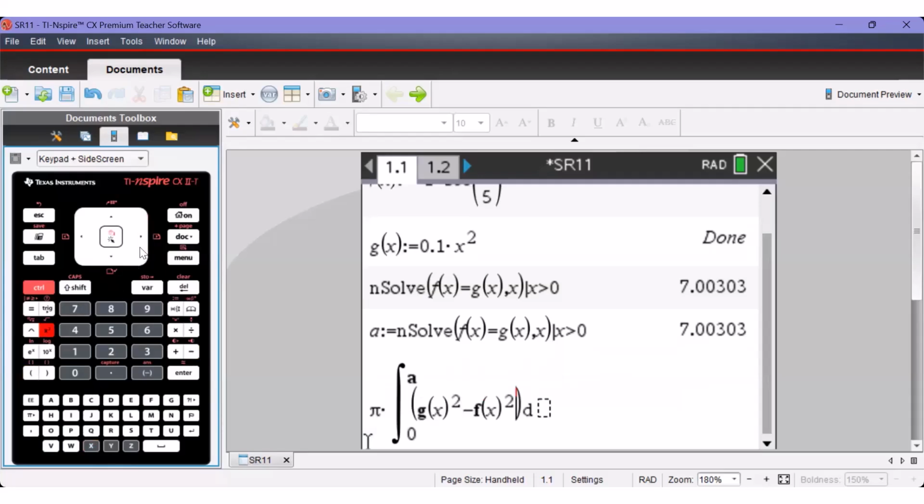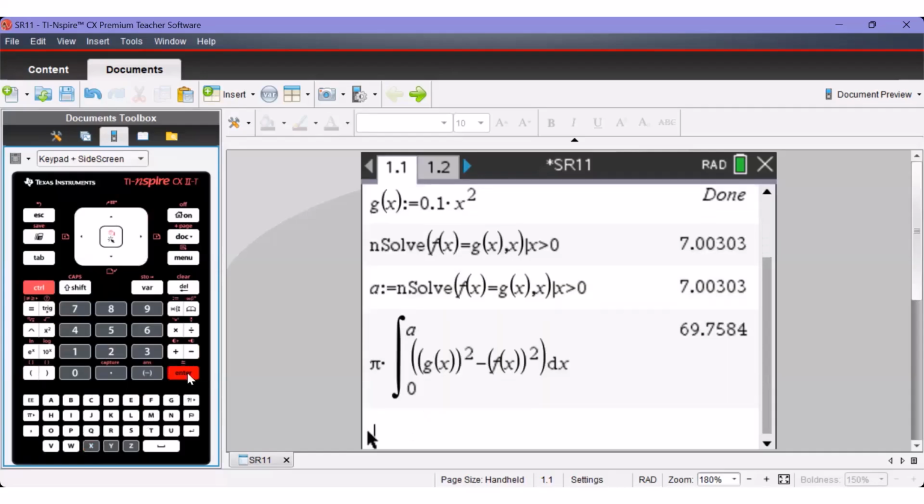So that looks to be quite okay. Navigation pad to the right again, and let's enter x there and press enter. And we get a volume of 69.7584, etc., etc. Now, what we need to do is we need to round this to 2 decimal places.